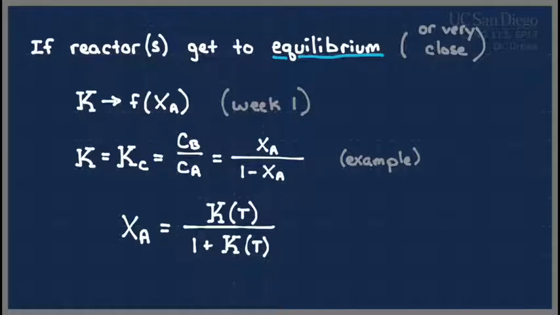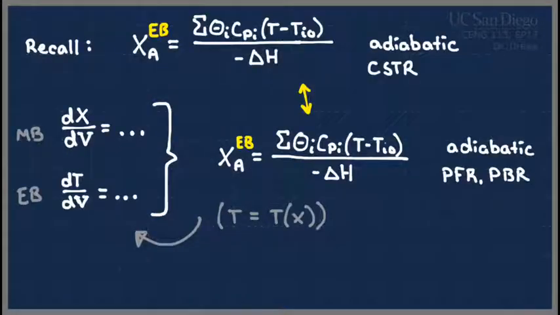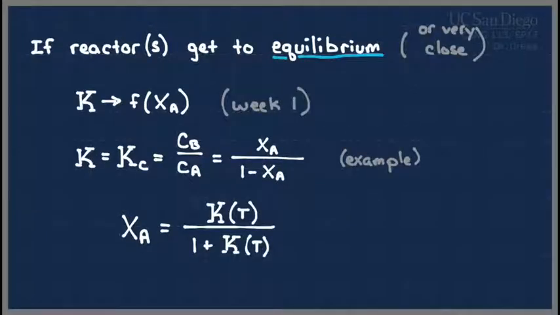However, if your reactor does get close to equilibrium, now this becomes an expression which we can set equal to one of these X's. So I'm going to denote this X slightly differently. This is Xa if you were to calculate it based on the condition of equilibrium, so I put the superscript EQ on there.